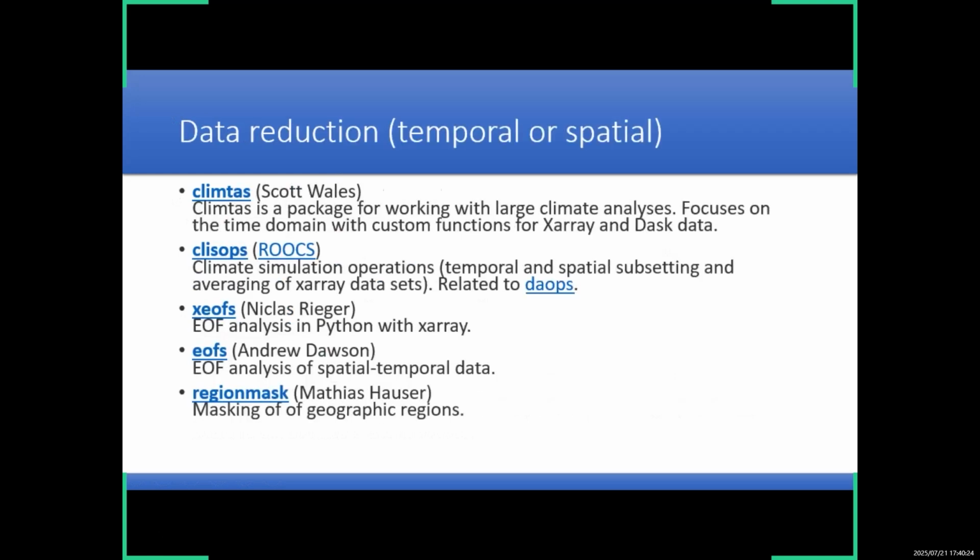So the next thing is data reduction. Sometimes we need to do data reduction, temporal or spatial. For spatial, if you need to rescale the resolution, we need to know some libraries for going from lower resolution to higher resolution. If we use 30-meter resolution data for a wide area, the data size will be huge.